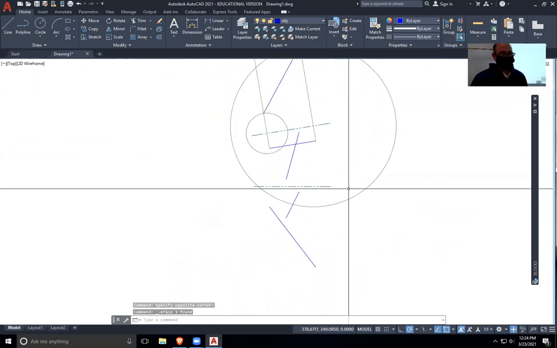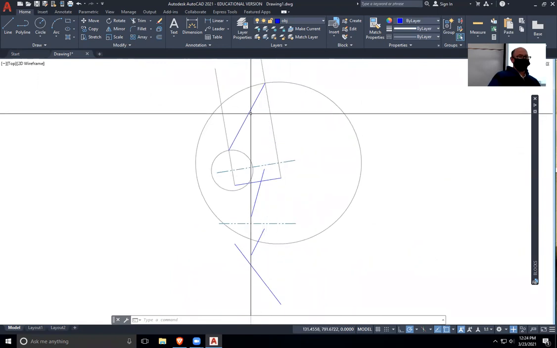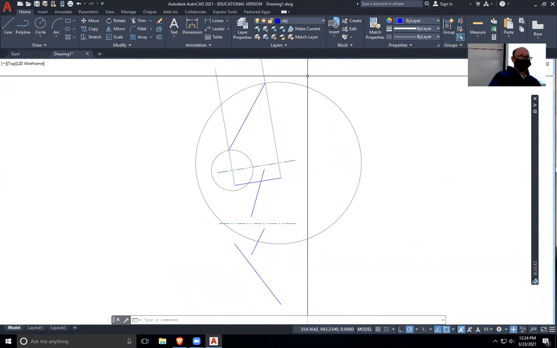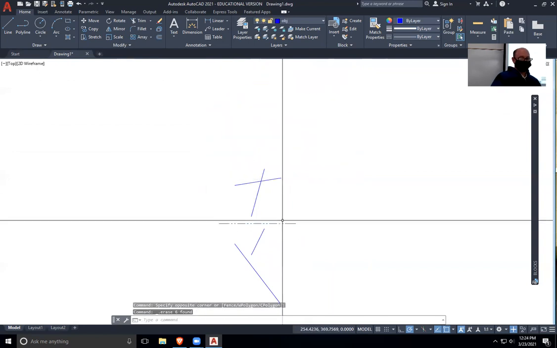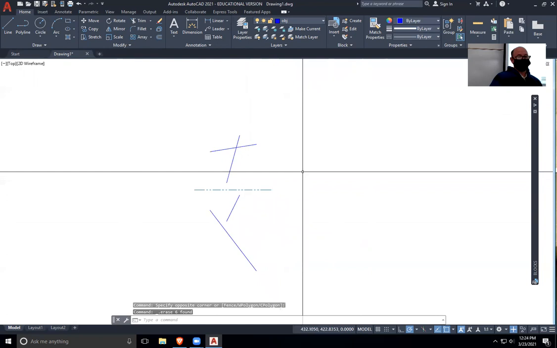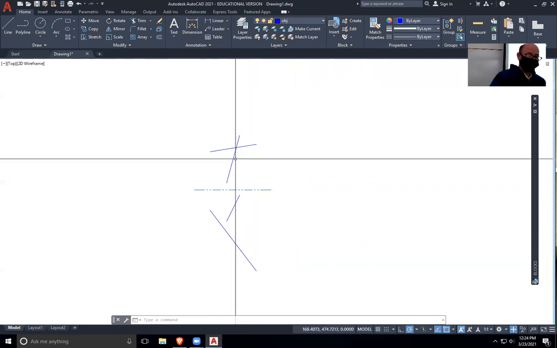Okay. So yeah, I'll just delete this. And we'll project AB over here in its true length. But if we're going to do that, then I'm going to go ahead and do that anyway.